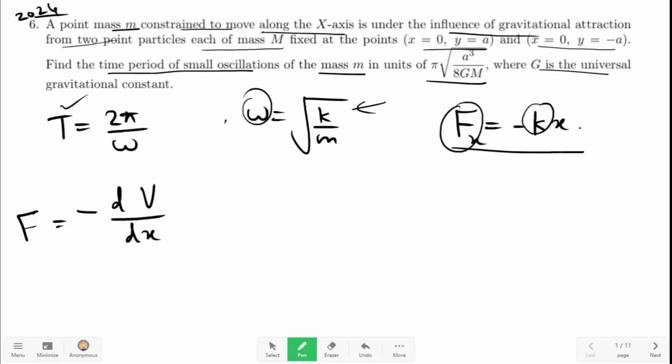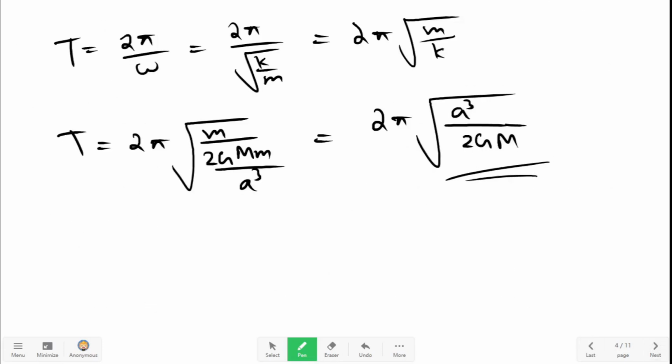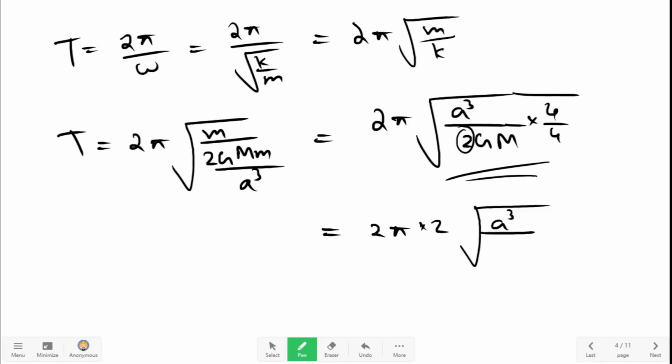Now we need the time period in the units of pi into root of a cube divided by 8GM. So to bring an 8 here, we will multiply by 4 and divide by 4. This will give us 2 pi times root of 4 in the numerator will come out, and it will be equal to 2 times root of a cube divided by 8GM.